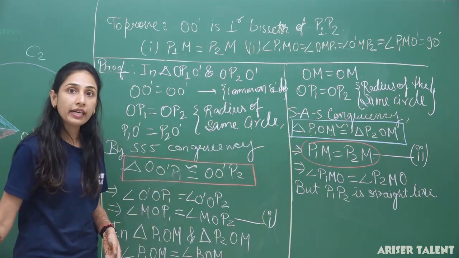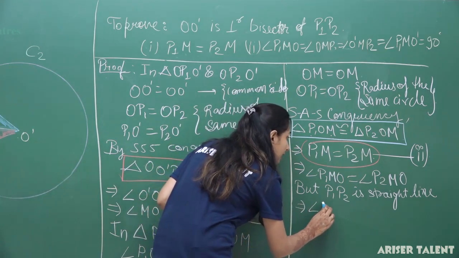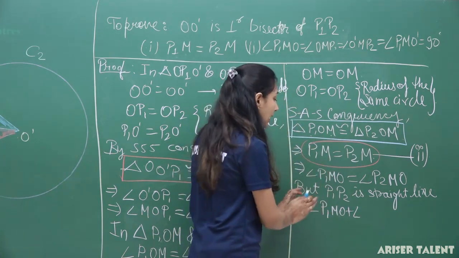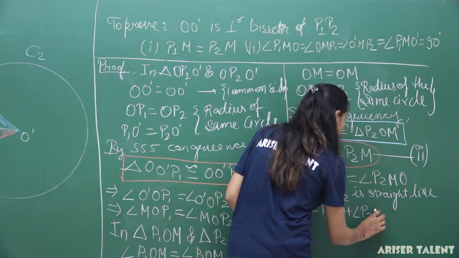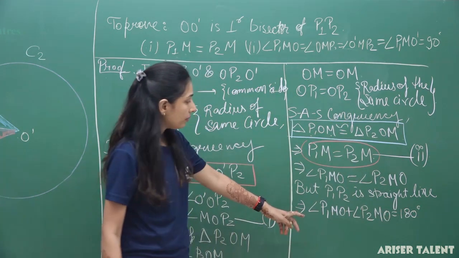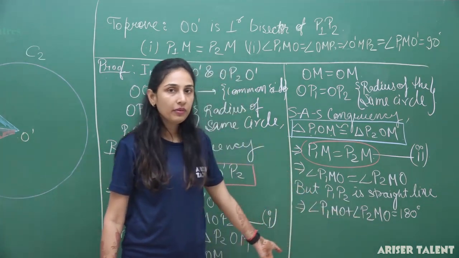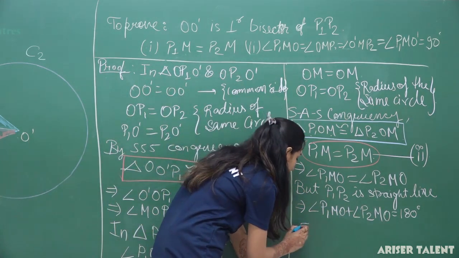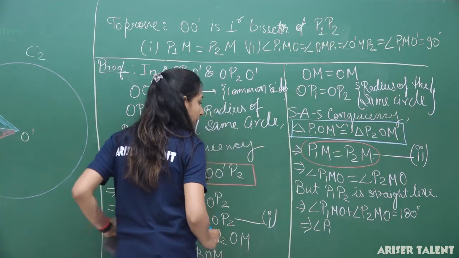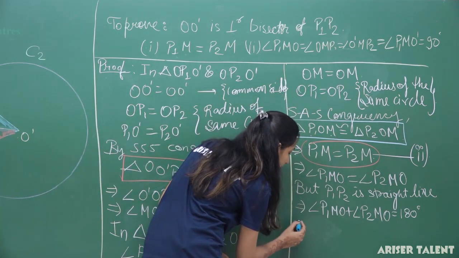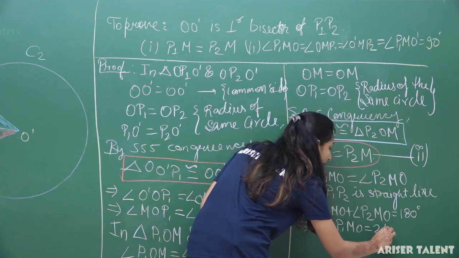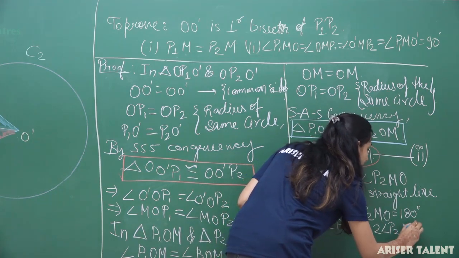P1, P2 is a straight line, implies that angle P1MO plus angle P2MO equals 180 degree, because it's a line and two angles forming a line will be 180 degree for the straight line. Okay, that implies 2 angle P1MO equals 2 angle P2MO equals 180 degree.